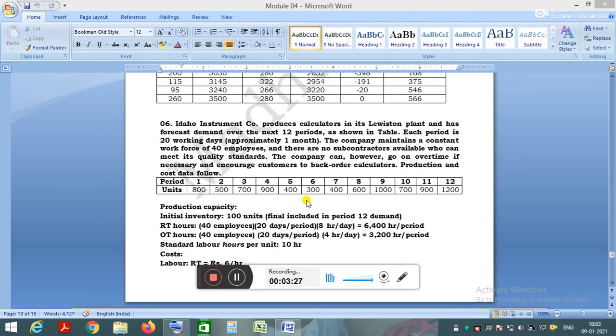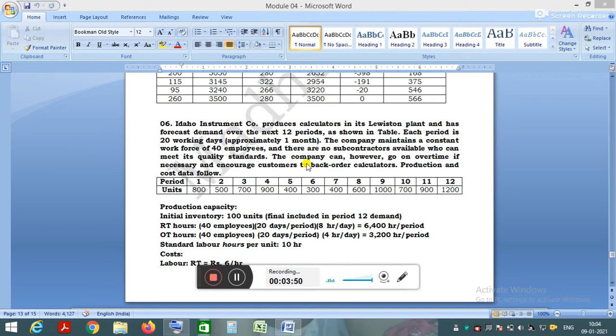That is called back ordering. The company is not supplying the order on that particular day; instead, it is supplying after some months. Supply of products to customers with delay is called back ordering.